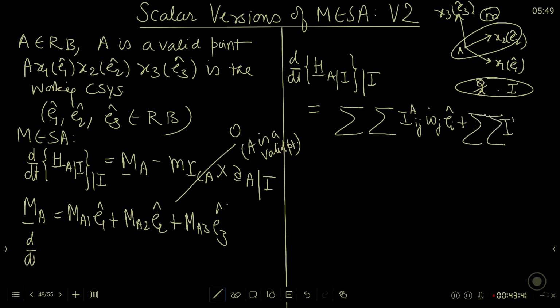Two groups of terms. But then here I am going to orient my axis in a way such that omega mi is along E3. I can always do that.